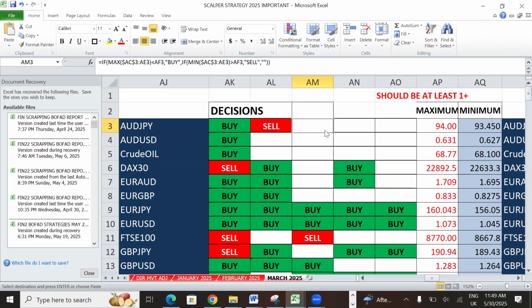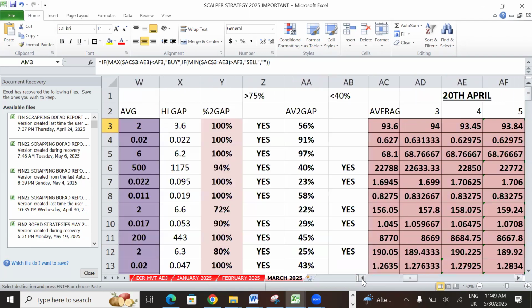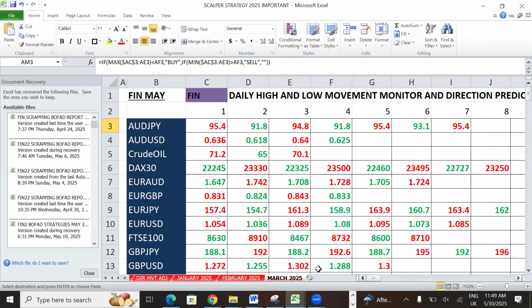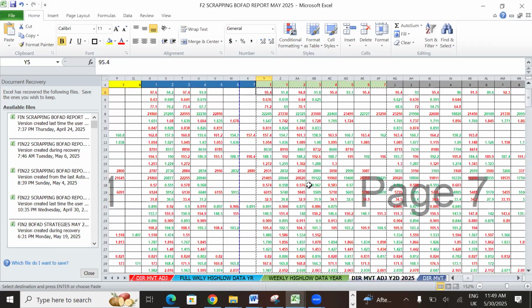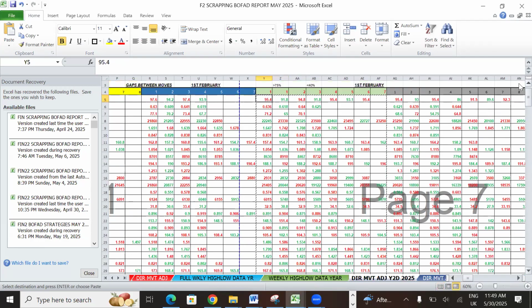Yeah, so I believe you can see the screen. For example, this is the March movement. I've already prepared the March movement in my template. All the movement for every month is here.